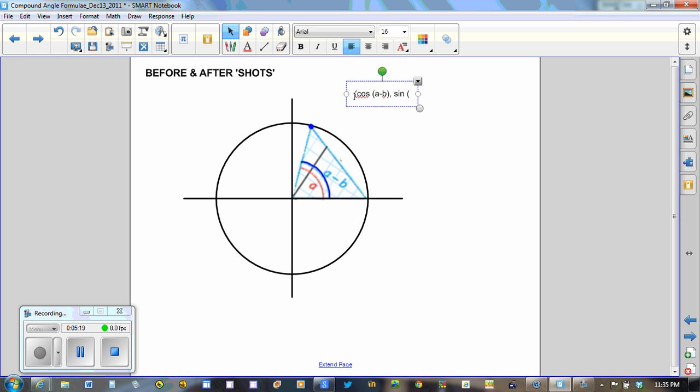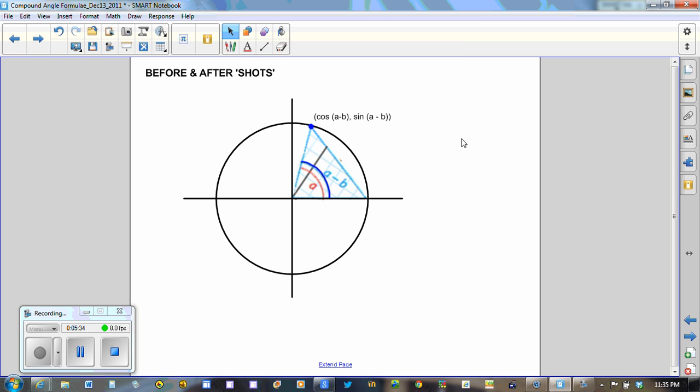So you will also, later on, determine an identity for sine of A minus B, which is the y value of this particular coordinate.